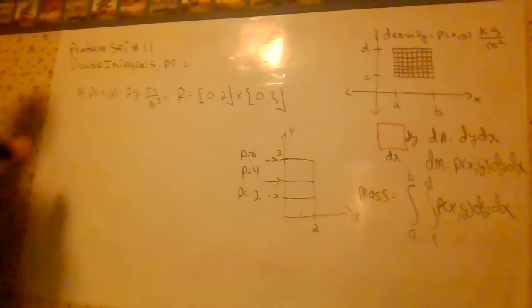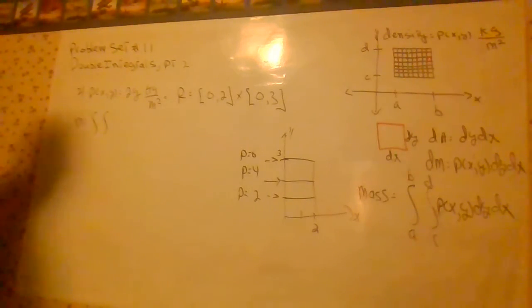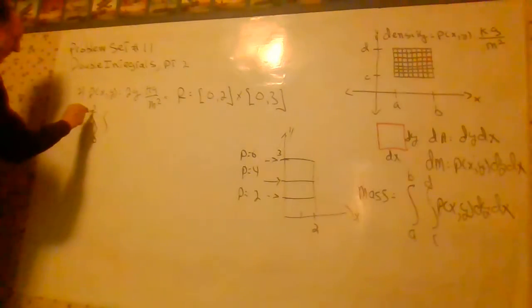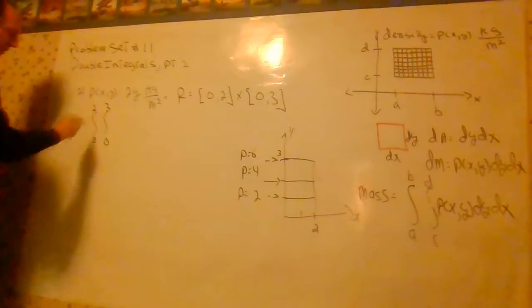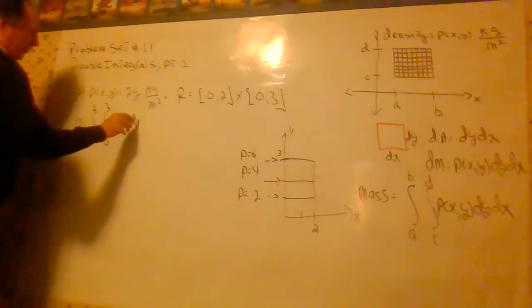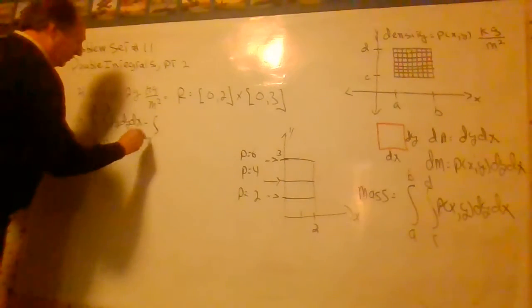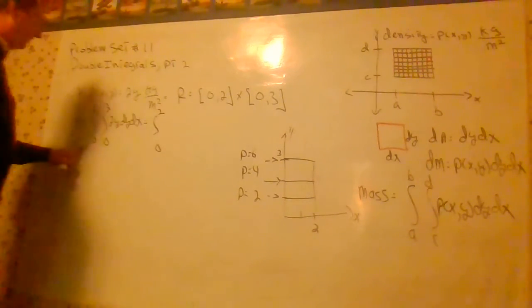So we can set up our mass formula and integrate from 0 to 2, 0 to 3, and density is 2y dy dx. This is our trusty double integral formula. It always works, 0 to 2.